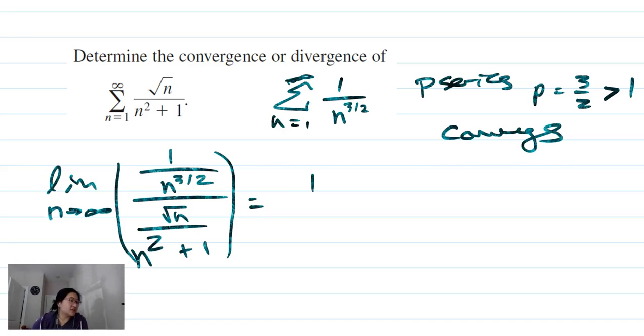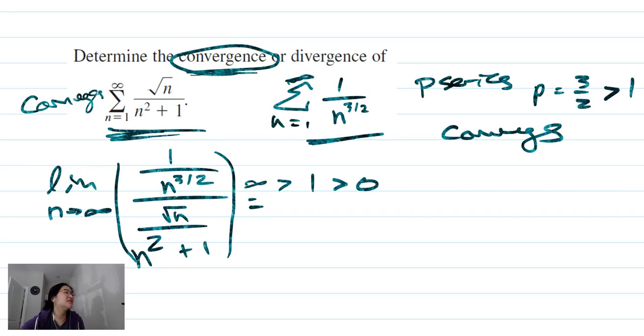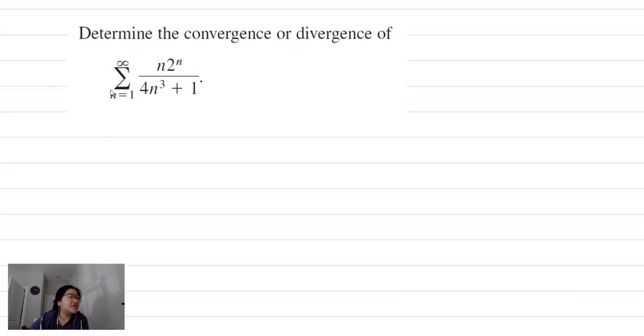If you look at the limit, you can do more algebra if you want to, but this is a finite and positive number, so both this comparison and this one converge. All right, let's look at this one.